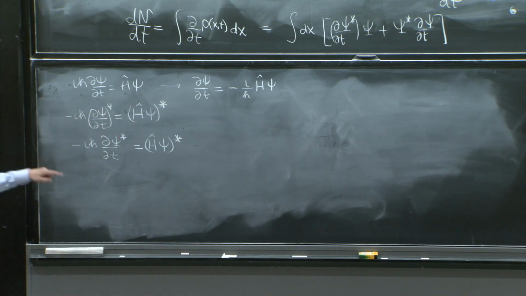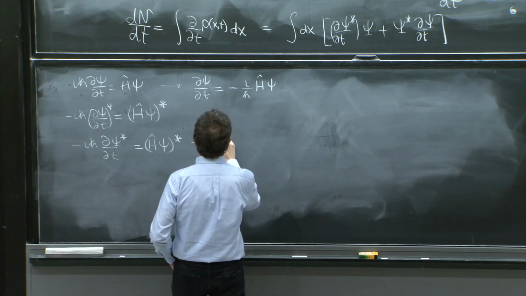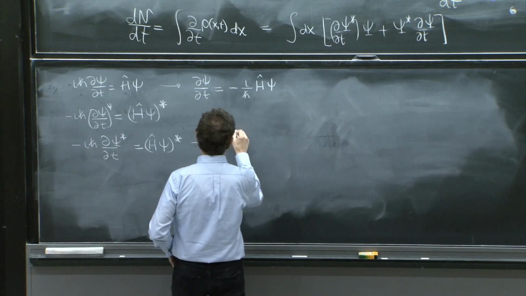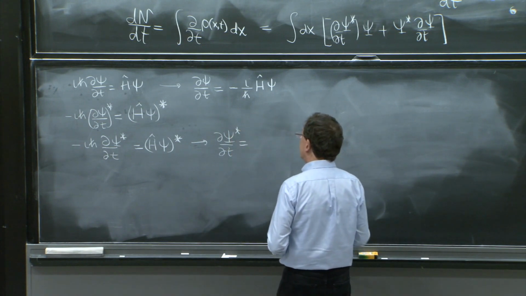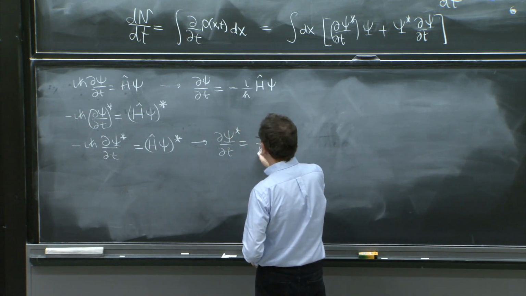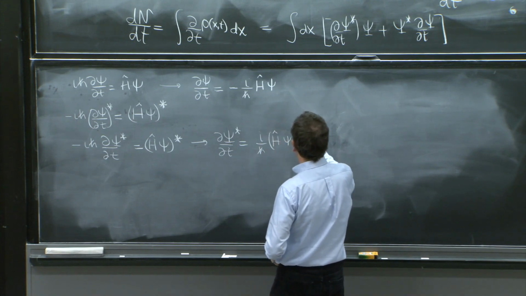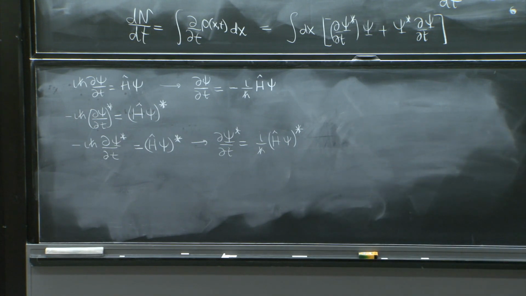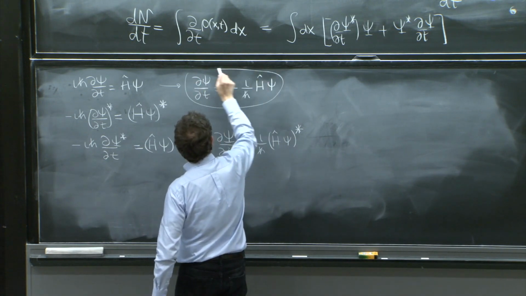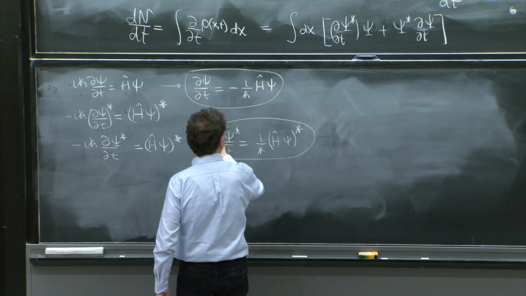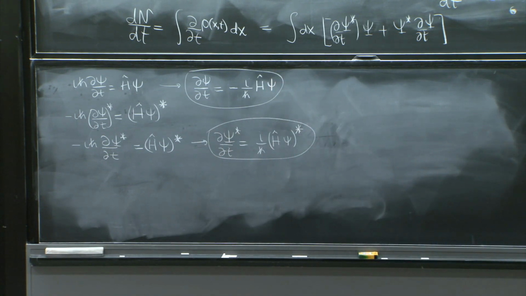And from here, if I multiply again by i divided by h bar, we get d psi star/dt is equal to i over h bar H hat star psi star. Okay, we obtain this useful formula and this useful formula, and both go into our calculation of dN/dt.